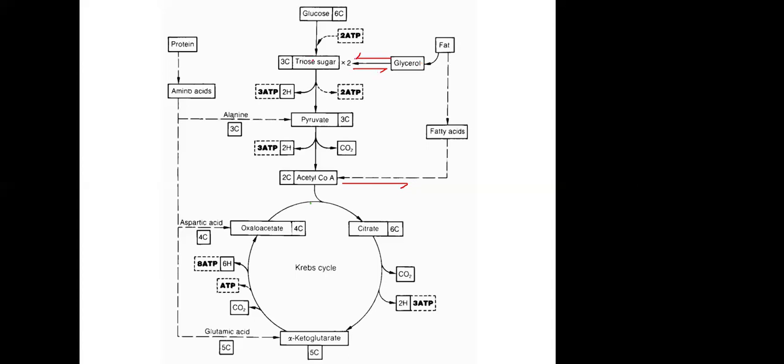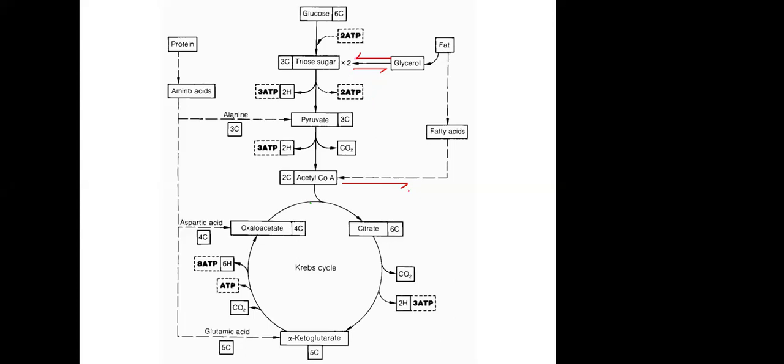Then you're going to show us how some of the triose sugar is used to form acetyl coenzyme A, and then how they undergo condensation reactions to form fatty acids, and then they form the lipid. So you have a bit of that and a bit of this because you have 20 marks. If it was fewer marks, then you would just have a brief summary of the important stages. But because there are 20 marks, you have to write extensively about each one of those things that happens.